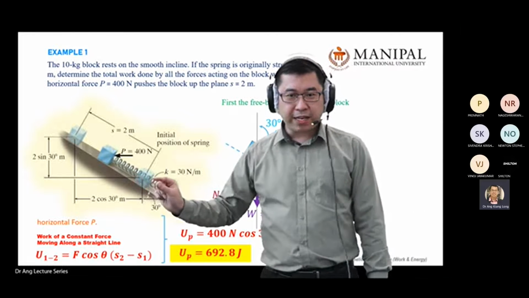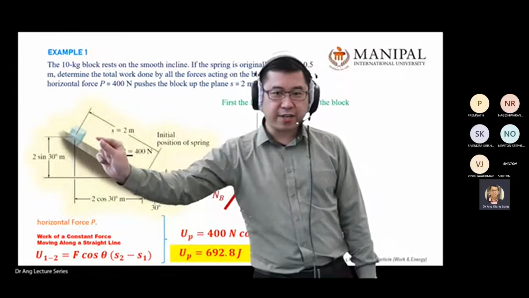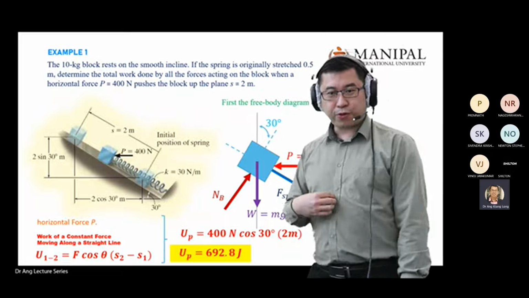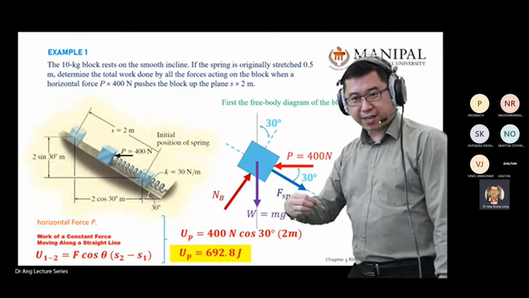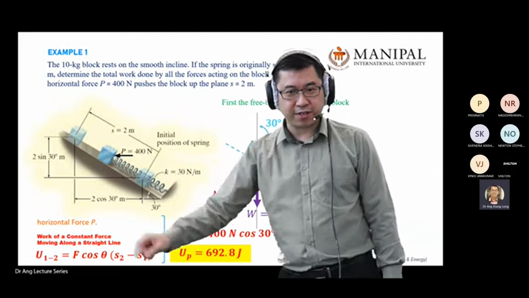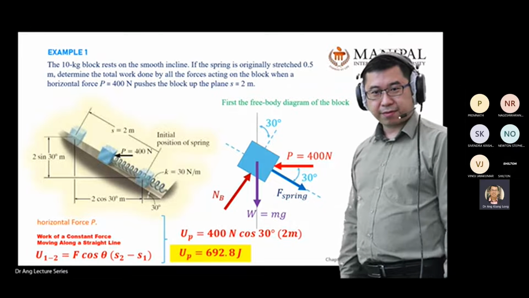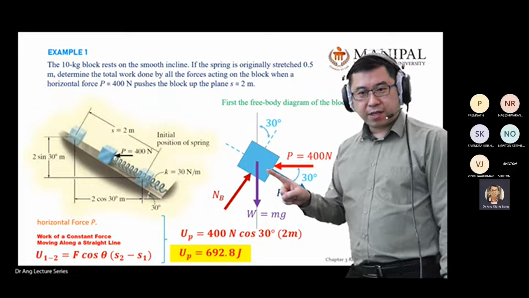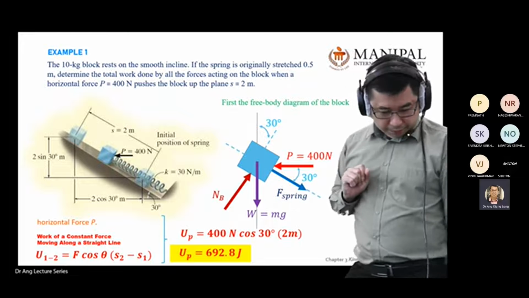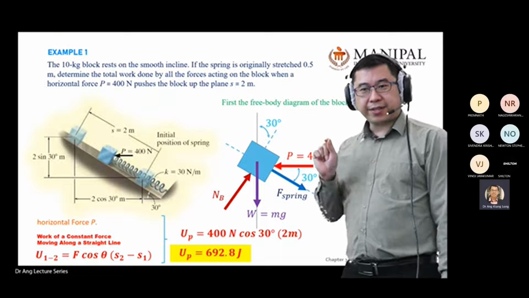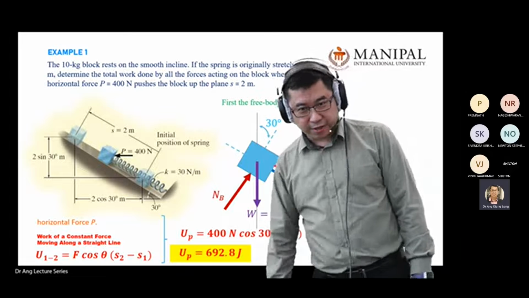But what happens if the spring reaches this area, this S here? You feel that the spring is pulling you, right? Now for this arrow, normally you look at the end position.